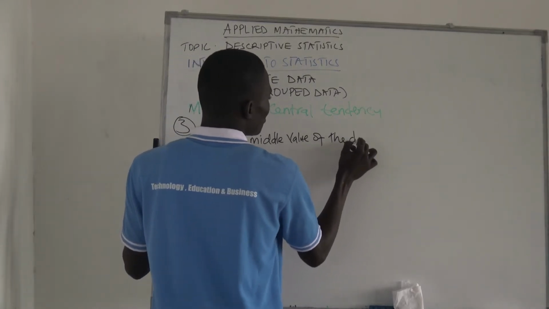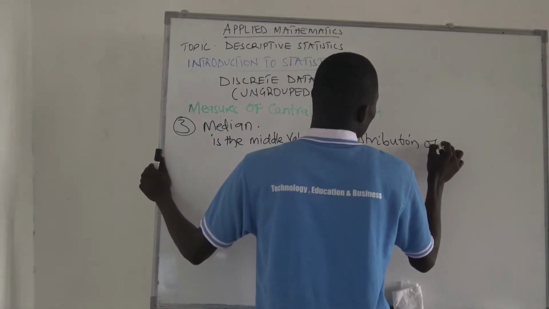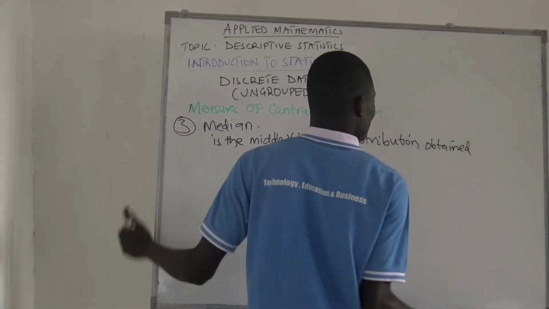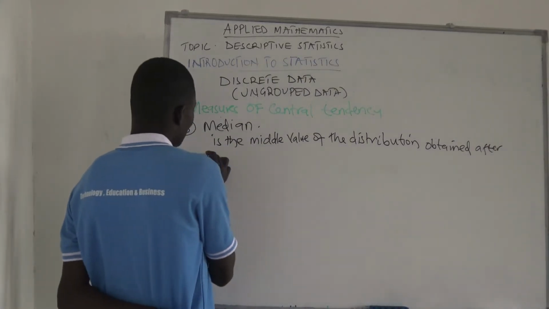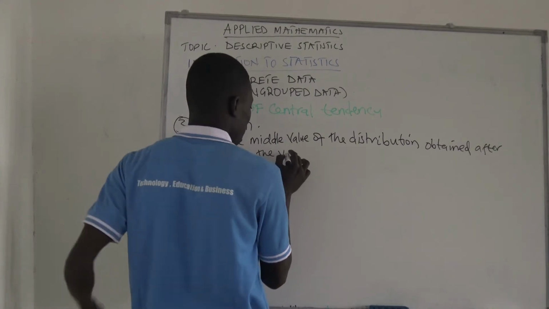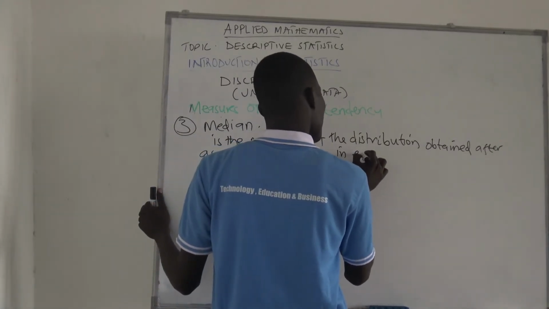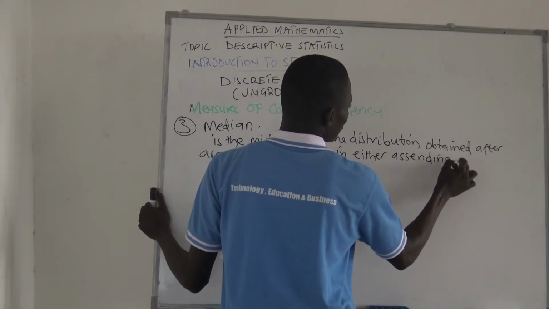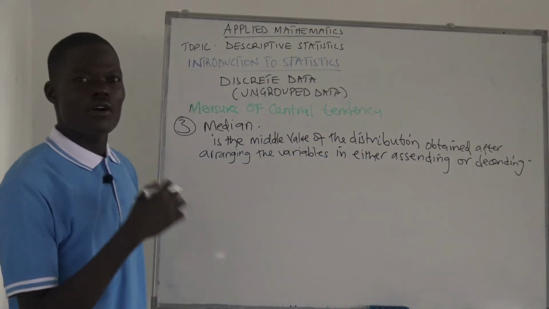Median is the middle of the distribution obtained after arranging the variables in either ascending or descending.